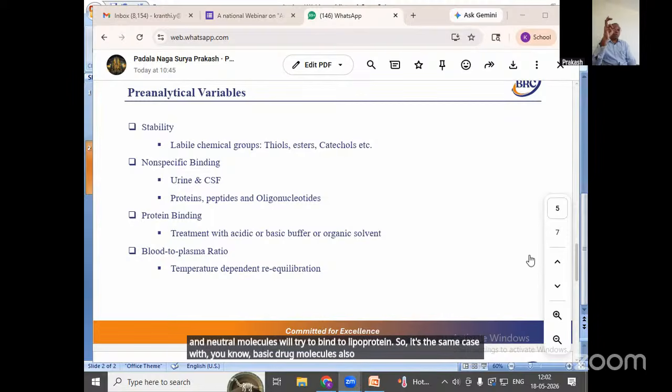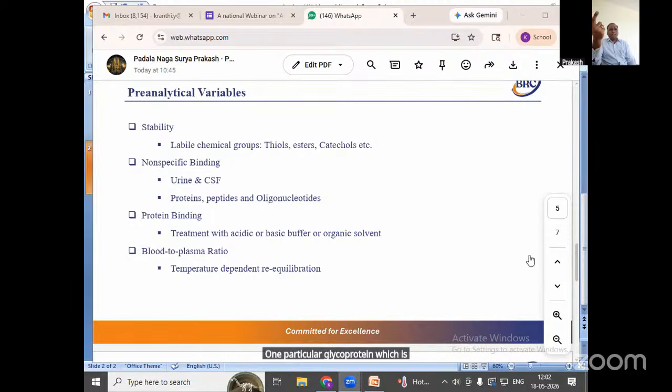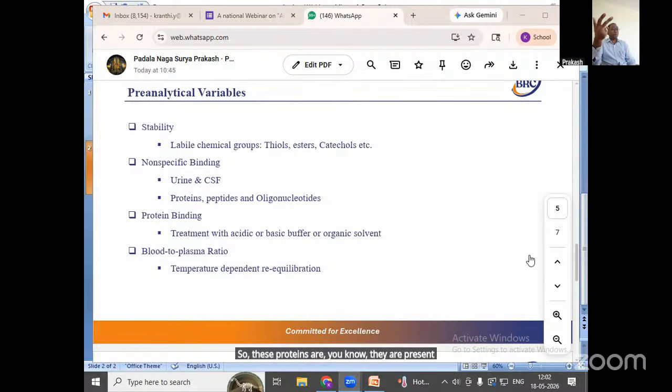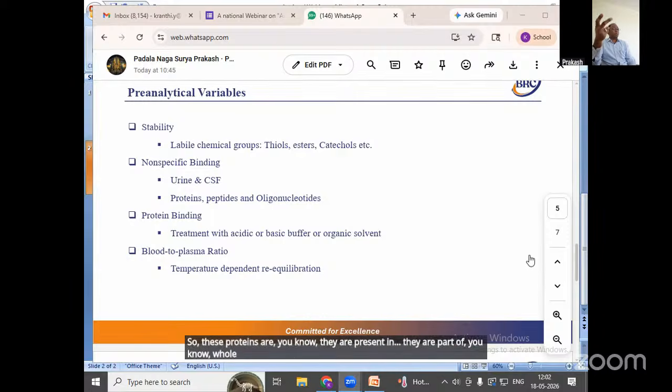Basic drug molecules show the affinity to bind to one particular glycoprotein, which is called alpha-1 acid glycoprotein, which is acidic in nature. So these proteins are part of whole blood, plasma, or serum.